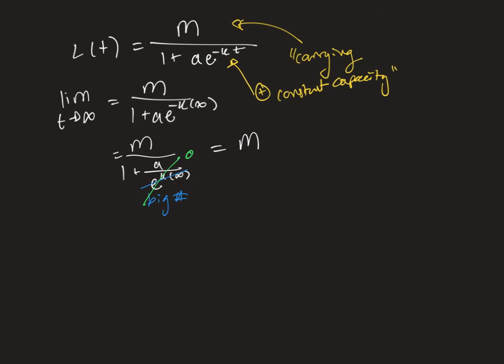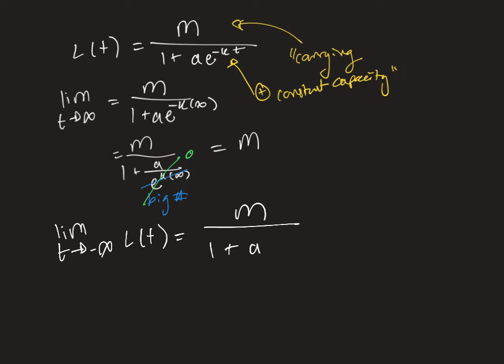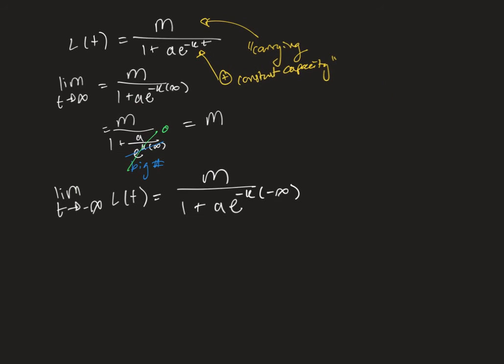And then we can also do it the other way, right? What's our minimum, our lower horizontal asymptote? Usually it's 0, but that's as t approaches negative infinity. So if we take the limit as t approaches negative infinity of L of t, we're going to have m over 1 plus a e to the negative k times negative infinity. Sorry, let me make this a little smaller.